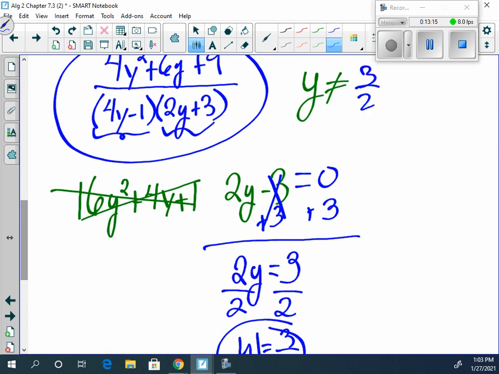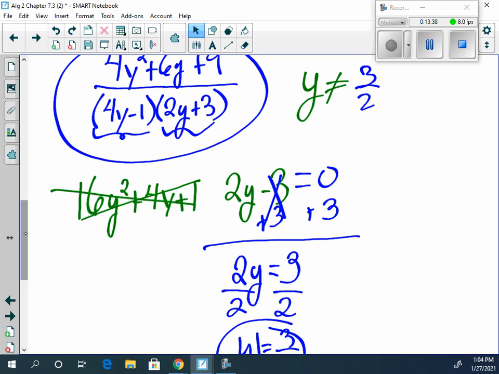Which means y cannot equal 3/2. That's our one restriction. We do have others because we do have a restriction for 4y minus 1 and 2y plus 3. But because they're still part of our rational expression, we don't necessarily have to list them.